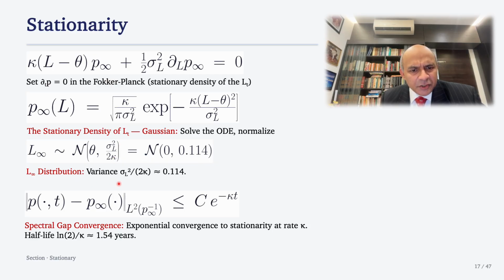So the stationary distribution has this variance value, and we have the spectral gap, which is finite, so it exponentially converges to stationarity at a rate of kappa, and we have a half-life of 1.54 years.